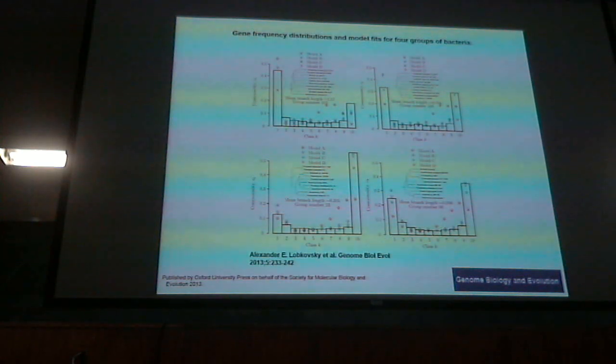So again, you have groups of 10 strains. In some groups, strains are closely related. In other groups, strains are more distant. So, could you tell me which of these 4 panels comes from the situation when the strains are very close to each other?